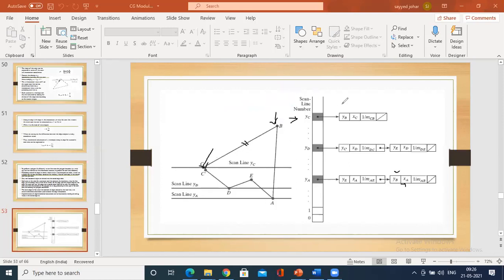It is YB. And what was the x value at the minimum y value? Here it is XC, right? The same thing we are going to write into the global edge table. And then we are going to calculate the active edge table.